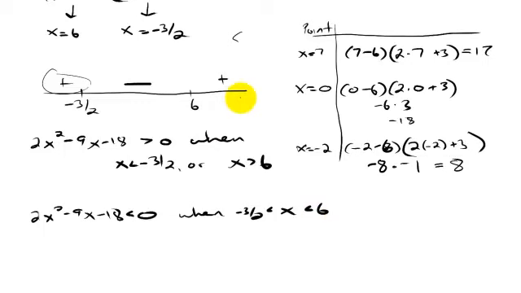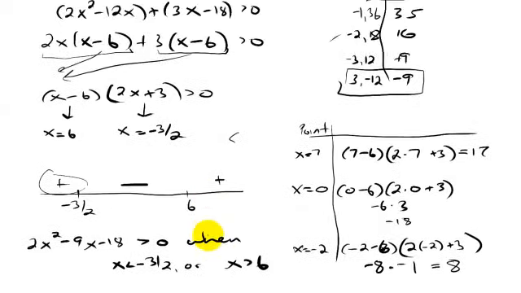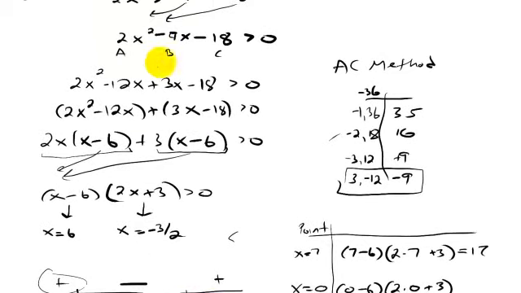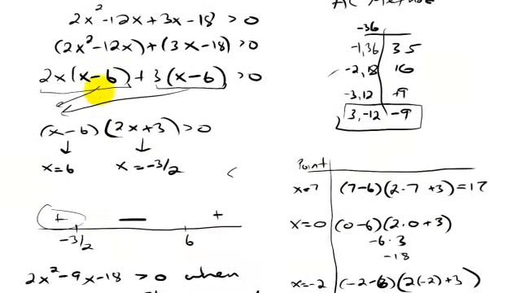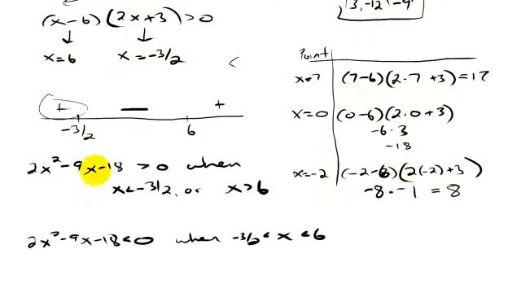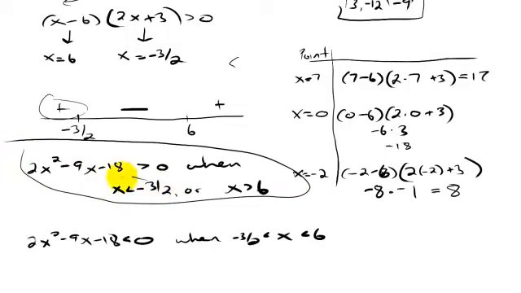Okay. Which one is the one we were looking for? Back up and check. We are looking for when it was greater than 0. Go down. Which one is greater than 0? Right here. So here's our answers. x has to be less than negative 3/2, or x has to be greater than 6.